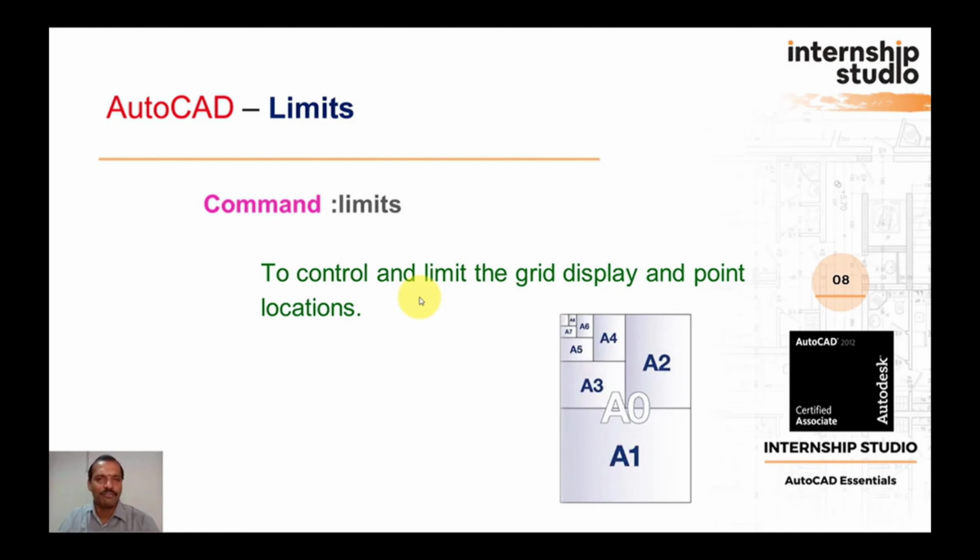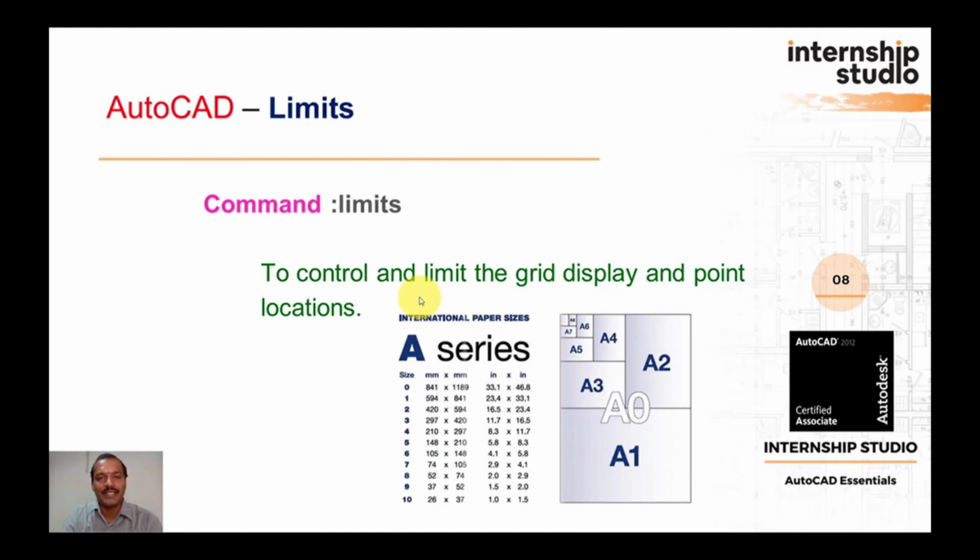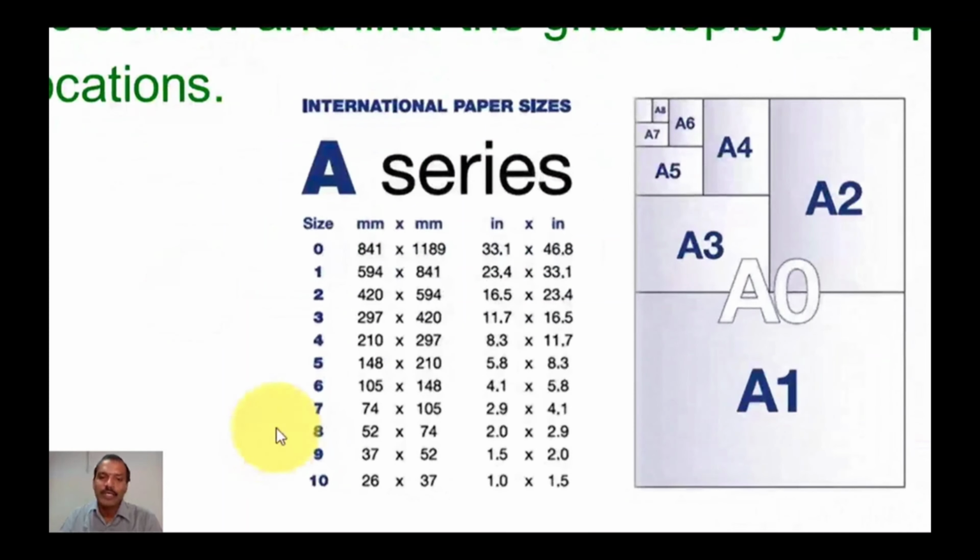We have different types of paper. We know A0, A1, A2, A3. Generally we use A3 or A4. A3 is 297 by 420 in millimeters, and the same thing in inches.